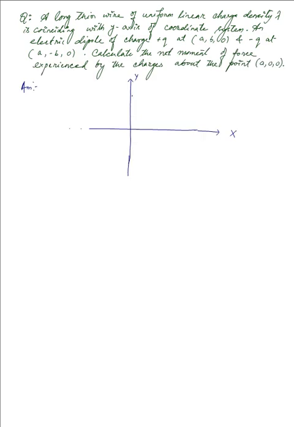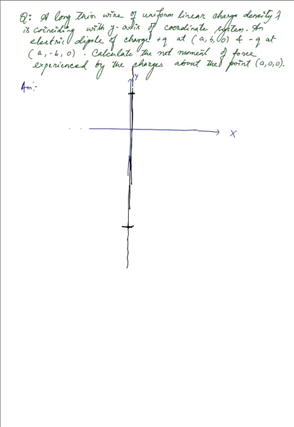So this probably is the uniform charge distribution along the y-axis. And that continues, that's extending till infinity, I suppose, with no given dimensions available to us. So that's coinciding with the y-axis.